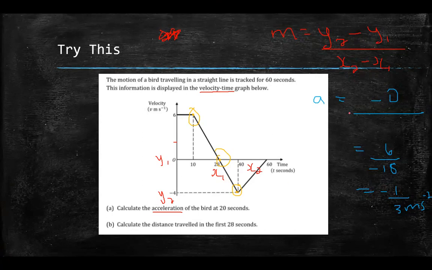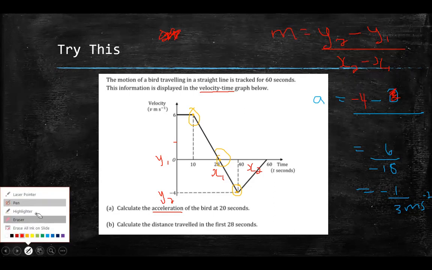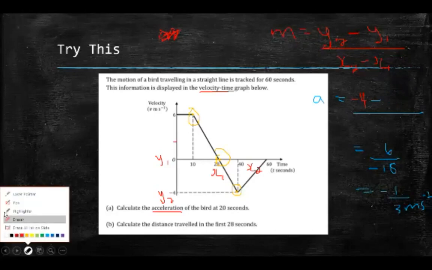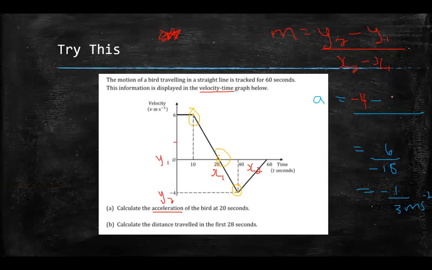Substituting my values. Y2 is minus 4 minus, oh wait, it's still 0. So let me just do that. Minus 4 minus 0, and then 40 minus 28. So let me erase this.